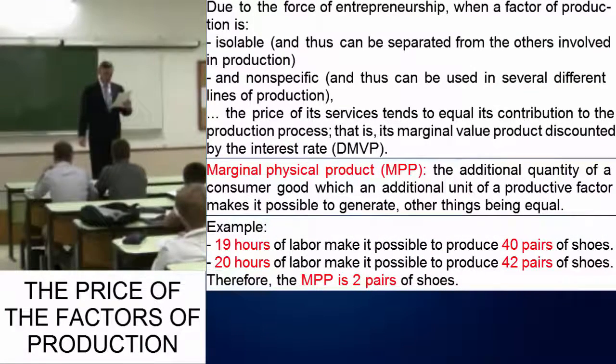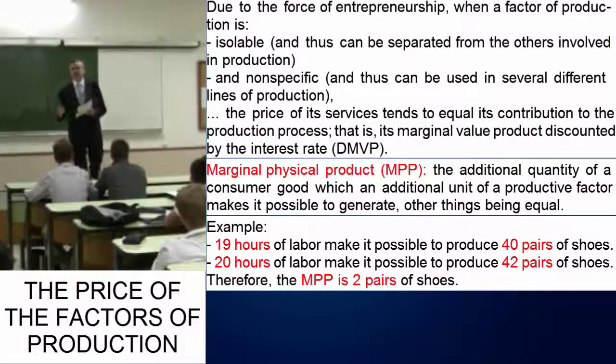Imagine that 19 hours of a shoemaker's labor permit the production of 40 pairs of shoes. Now, imagine that one additional or marginal hour, instead of 19 hours, 20 hours, will enable us to produce 42 pairs of shoes. The marginal physical product in this particular example is 2 pairs of shoes.